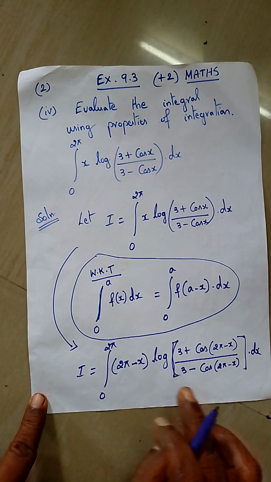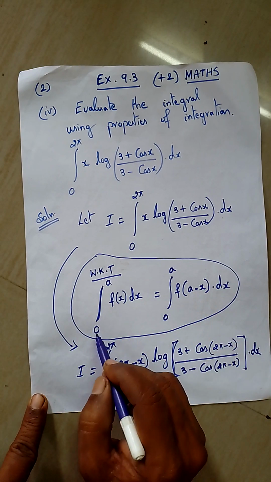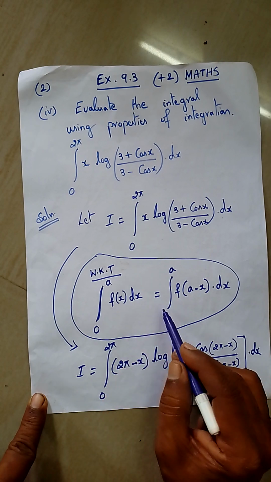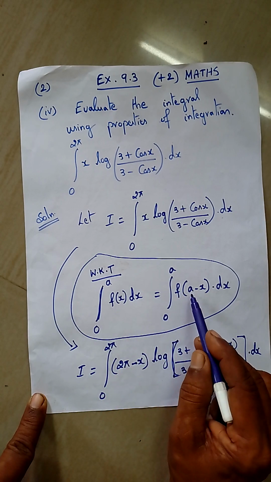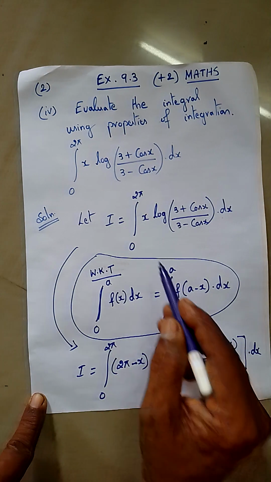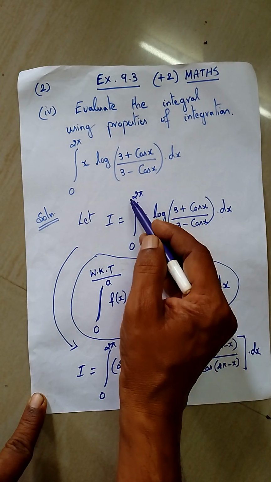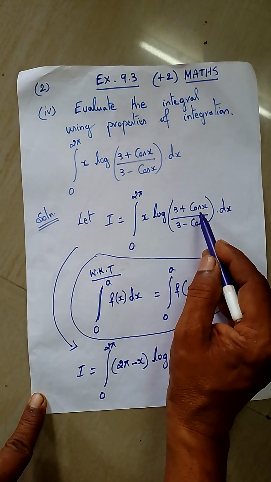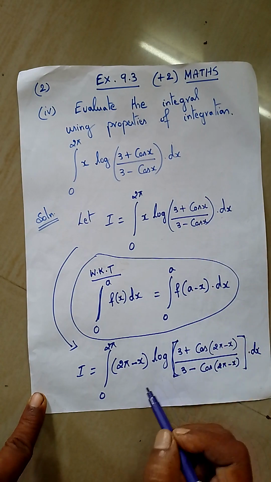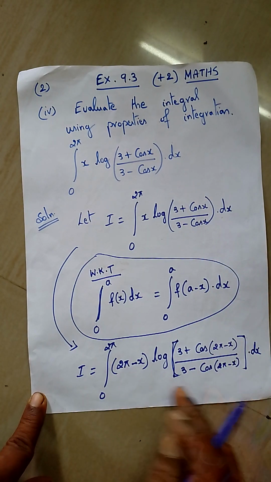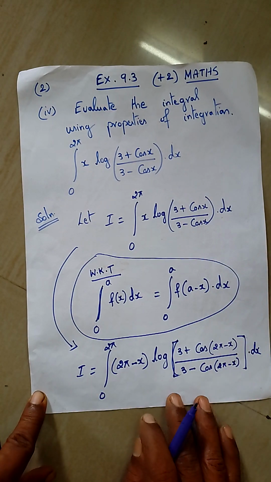Because the property states that the integral from 0 to a of f(x) dx is equal to the integral from 0 to a of f(a − x) dx, and in our problem a is 2π. So wherever we have x, it will be replaced by 2π − x. That's how we got this equation.